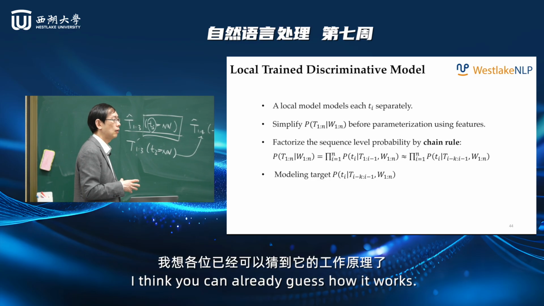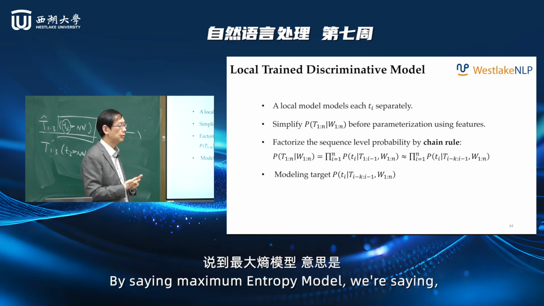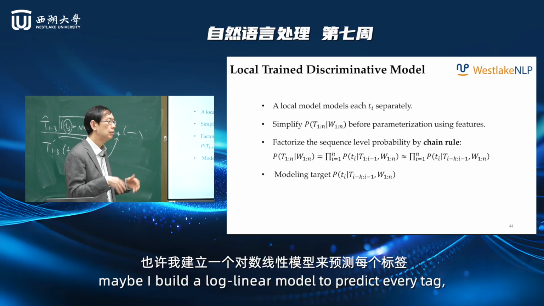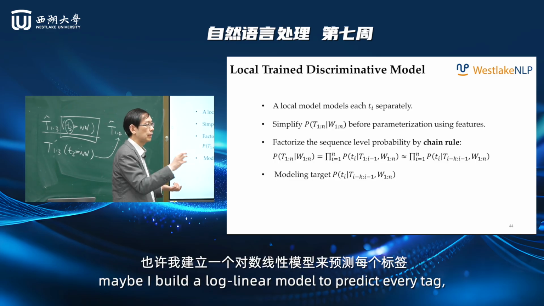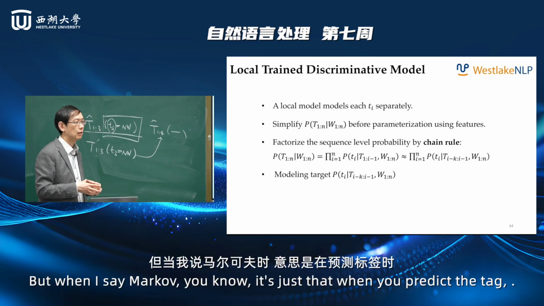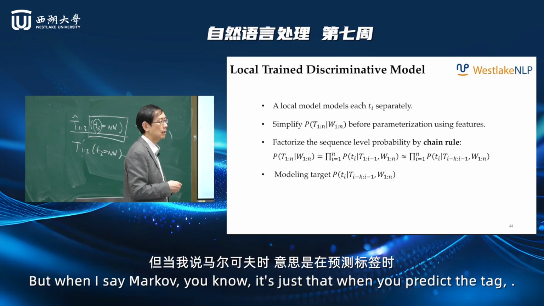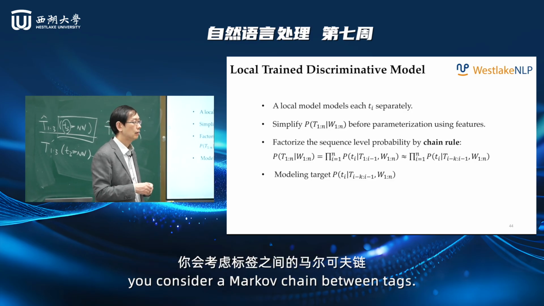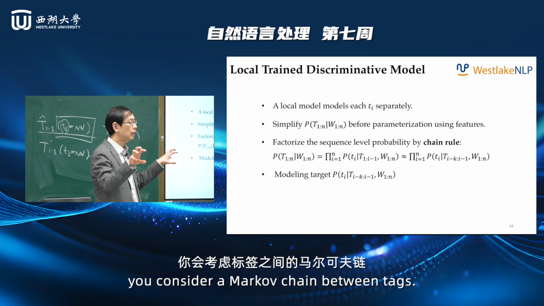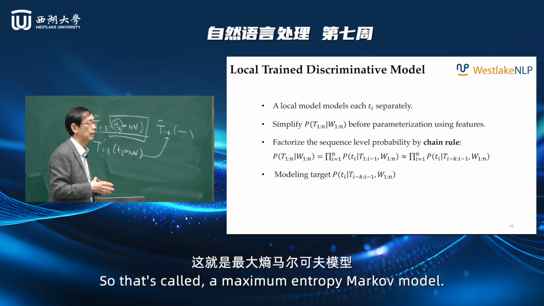I think you can already guess how it works. By saying maximum entropy model, we're saying maybe I build a log linear model to predict every tag as a classifier. But when I say Markov, it's just that when you predict the tag, you consider a Markov chain between tags. So that's called maximum entropy Markov model.